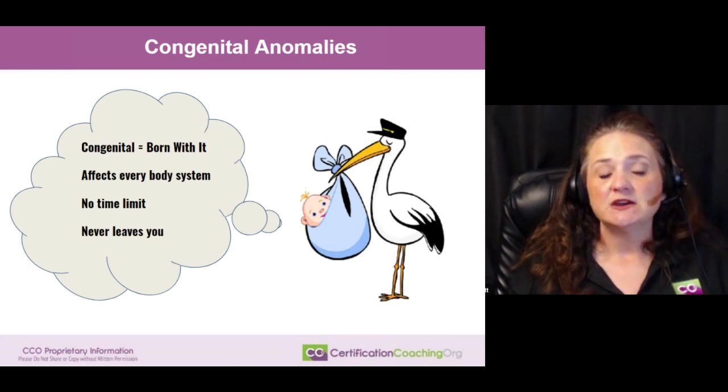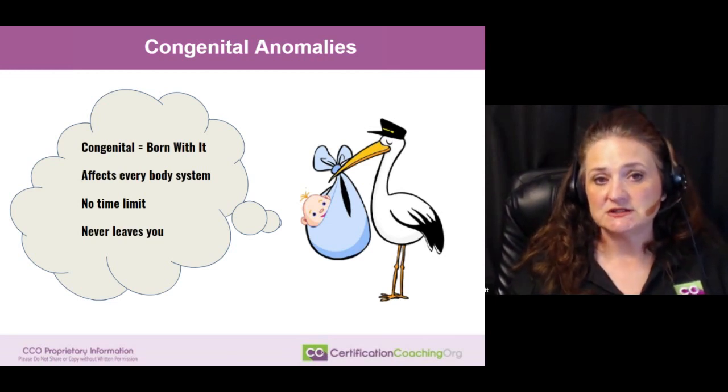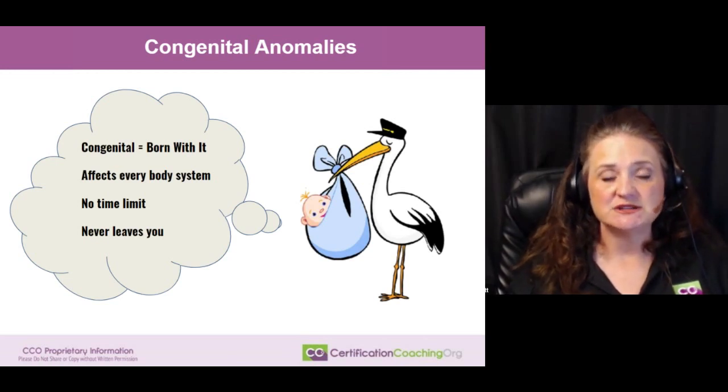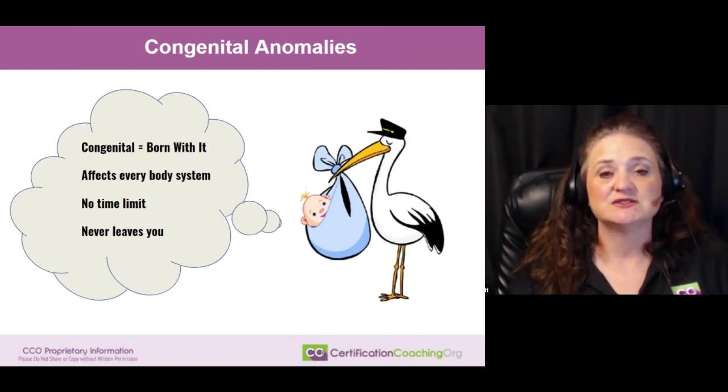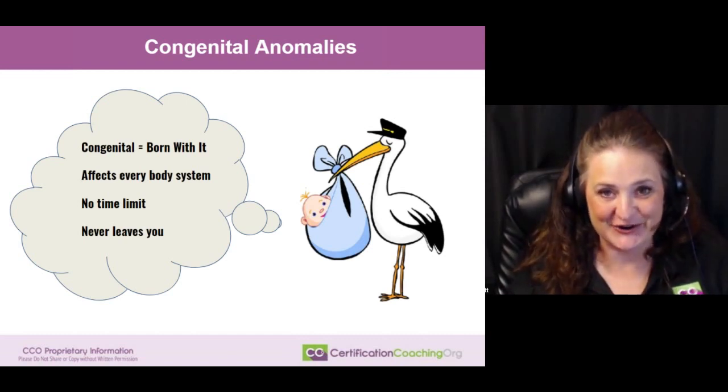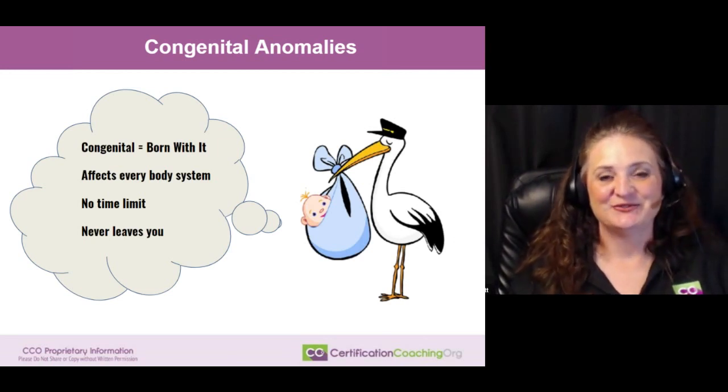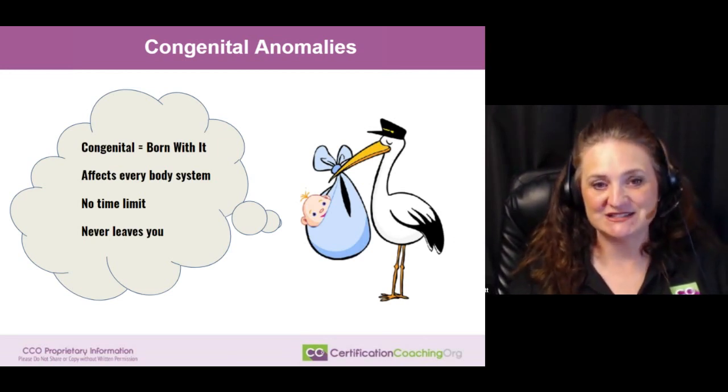So if you're curious about the different anomalies and the different Q codes, I would take time to look into them and study them. Now, we're not going to go over them all today because there's so many that we can only highlight them and give you the basic information.